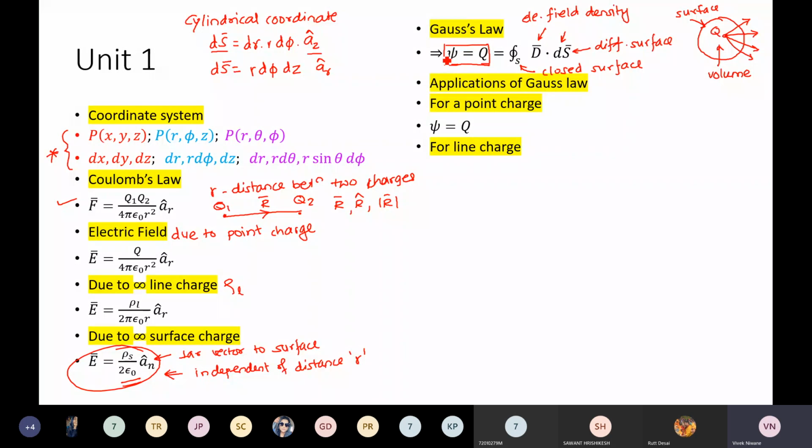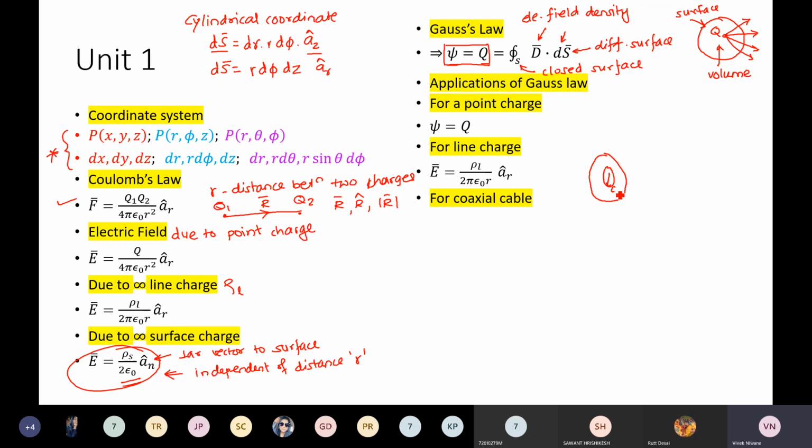Then we have application of Gauss law for a line charge, where we are going to rederive the expression for electric field intensity as E bar is equal to rho L upon 2 pi epsilon 0 R into AR cap. Then for a coaxial cable, we have the inner conductor and some sort of shielding around it.